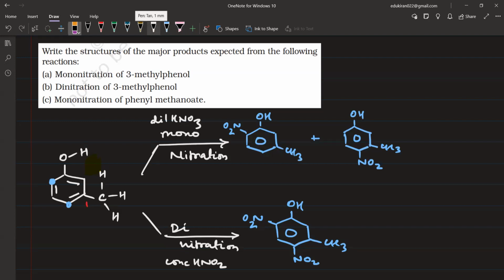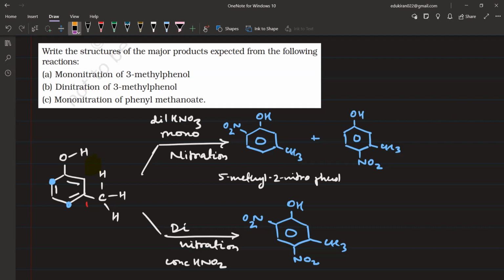So it will be 5-methyl 2-nitrophenol है ना, इस तरह से नाम हो जाएगा इसका. ओके चलिए फिर इन दोनों प्रोडक्ट को लिखिए, कोई डाउट है तो बताइए. 5-methyl 2-nitrophenol.